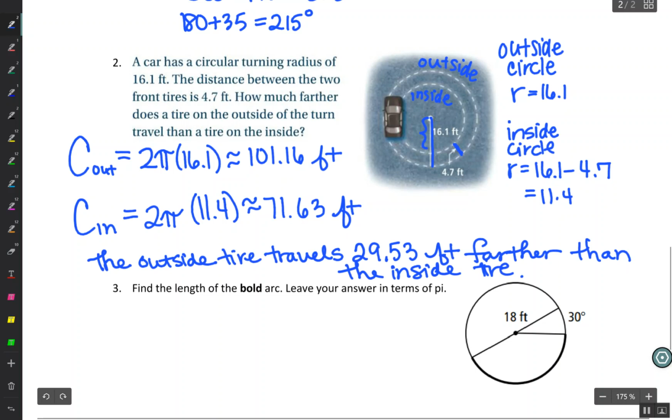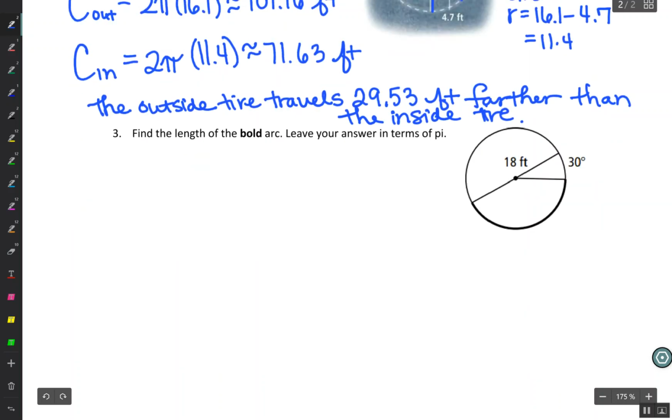All right. Find the length of the bold arc, which is this one right here. Okay, so we're doing arc length. It also tells us to leave our answer in terms of pi. So we need the degrees. How many degrees is this? And we need the radius. If you see a diagram like this and you have a number in the middle, that's the length of the diameter.